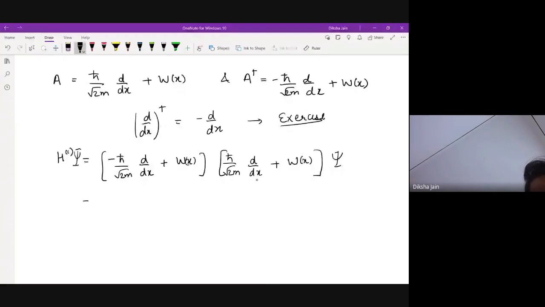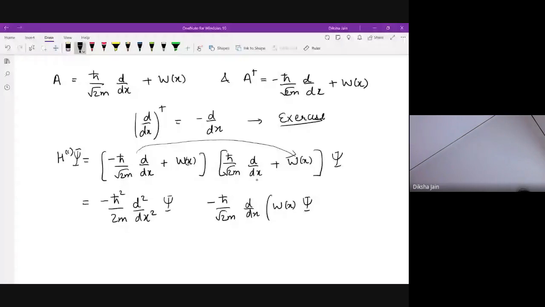The first term gives minus h cross square by 2m d square by dx square on psi, plus, multiplying minus h cross by square root 2m d by dx, where d by dx acts on both W of x and on psi, plus W of x times h cross by square root 2m d by dx on psi, plus W square of x on psi. I'm doing this slowly because it's the first computation.